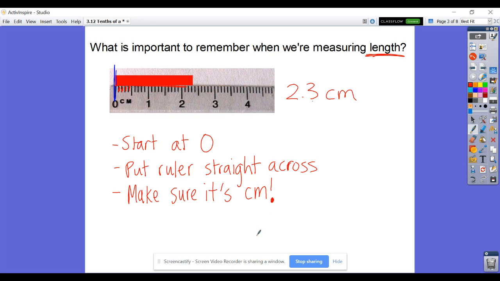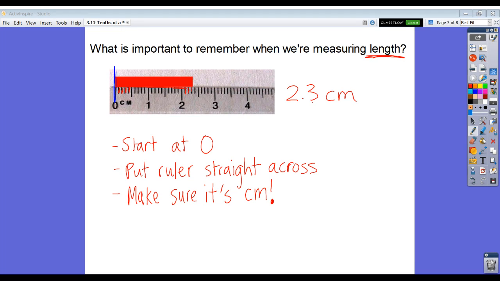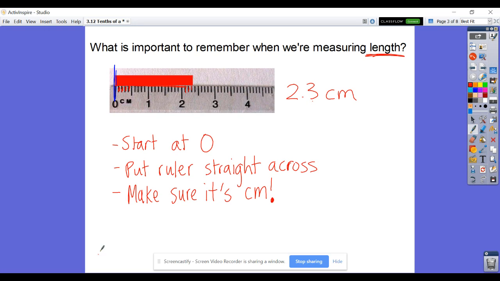And then finally, we counted the tick marks to get our millimeters as well. We lined it up and we looked at where it ended and counted the whole centimeters and the millimeters. So look at where it ends to find centimeters and millimeters.